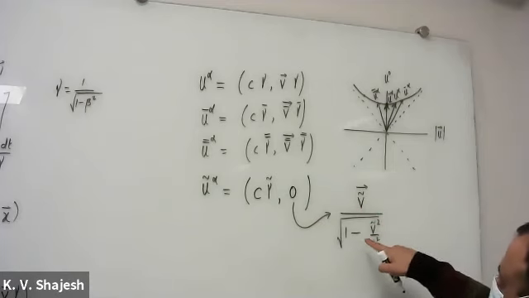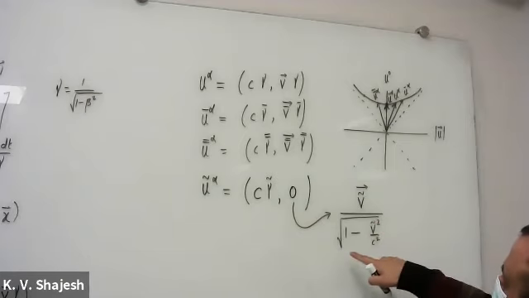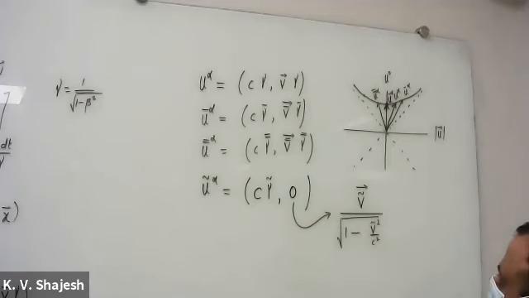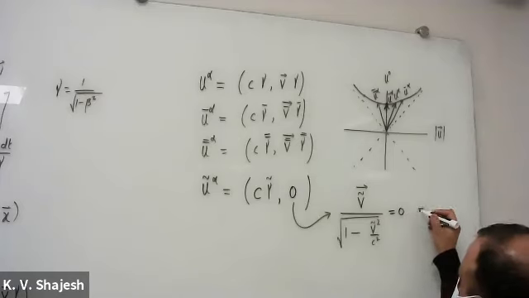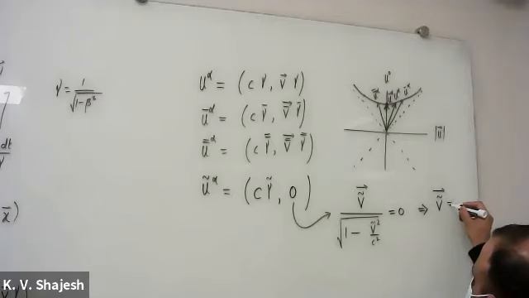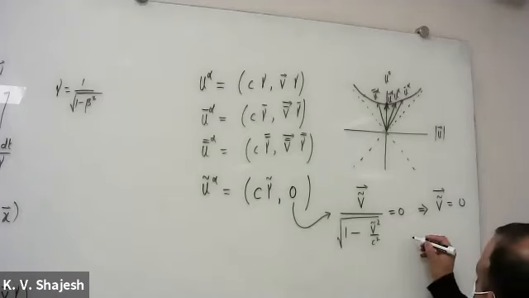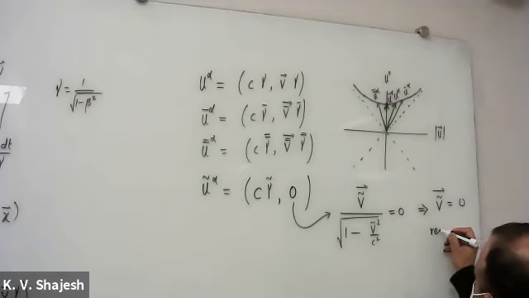If v goes to infinity, or v goes to c, that's infinity. So the only way to get this to be 0 is v going to 0. So this equal to 0 implies that v tilde is equal to 0, correct? Which means that you're in the rest frame.